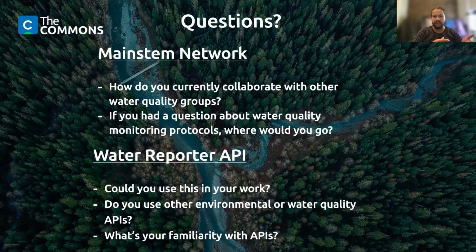So if you want to add some ancillary metadata like water depth, which is really important for folks monitoring on deep rivers or in lakes, the temperature at the surface versus 50 feet down is obviously going to be different. And that's important when you're collecting the data. You can totally add that information. So when you're submitting a sample, you have what water depth the sample was collected at. And then in turn, if it's in Water Reporter, you're able to get it out through the API.